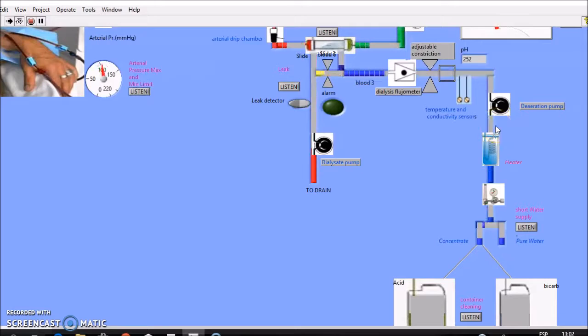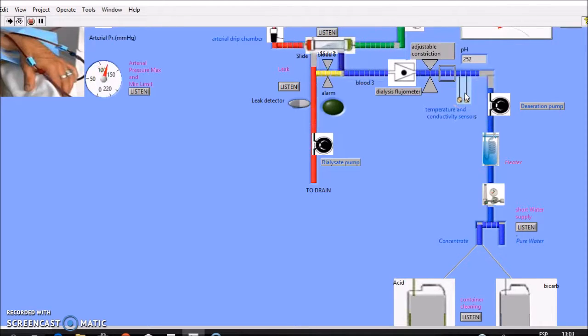In this section the water temperature is leveled at 35 degrees centigrade to adapt to the patient's temperature. The dialysate must have the characteristics of adequate conductivity and temperature as it passes through this sensor, temperature and conductivity.